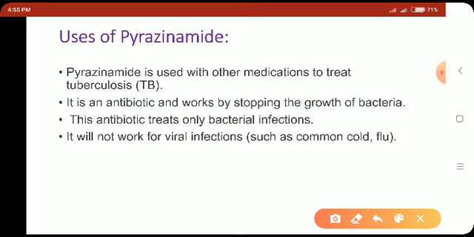It is an antibiotic, so it works by stopping the growth of bacteria. It is used to treat only bacterial infections, not viral infections.